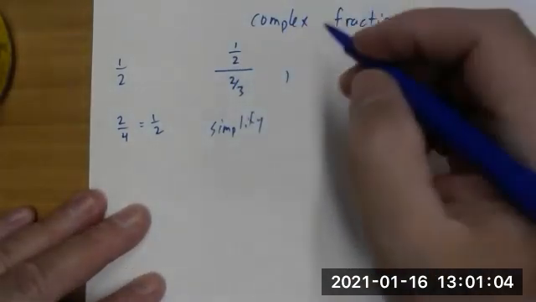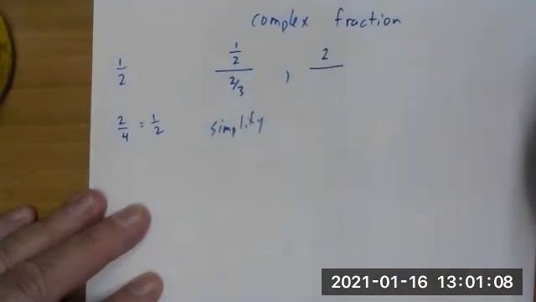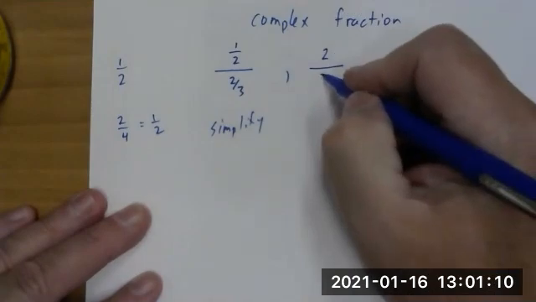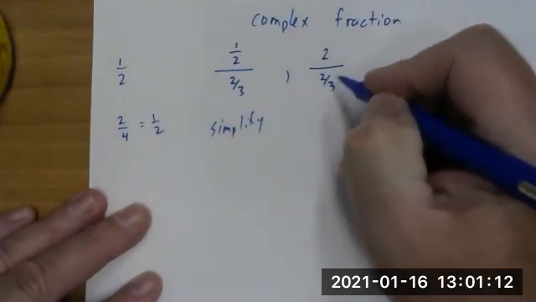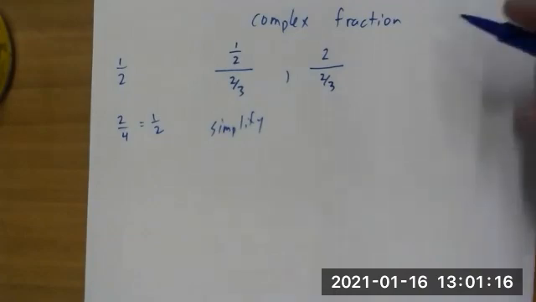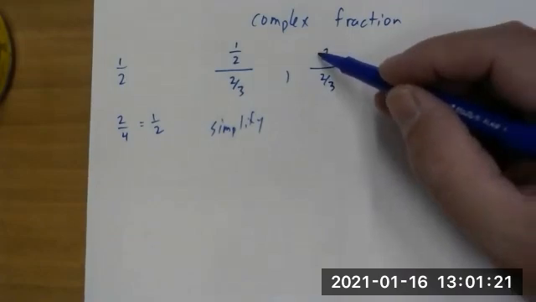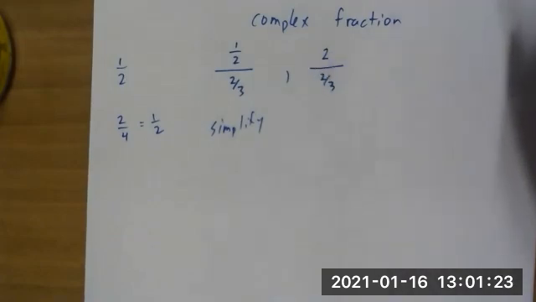Well, that's the first kind of complex fraction. Let me write down the second kind. How about sometimes you actually have a number in the top, but then a fraction in the bottom? This is also called a complex fraction, and we would not leave the answer in this form.